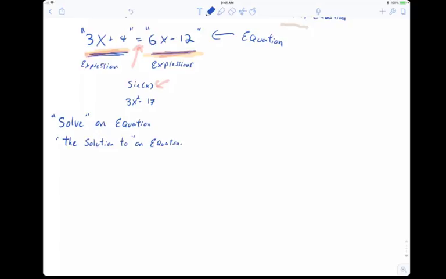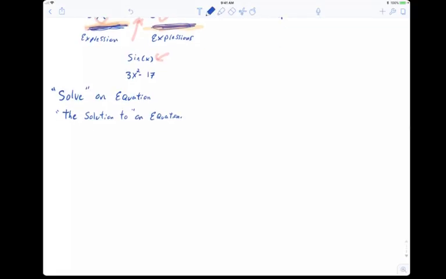Well, the idea here is that usually in equations, it's not just a relationship between 2 numbers. There's usually some variables involved here. And so by solution, we mean find the value of x that makes this left-hand side equal to the right-hand side. Let's try a simple example.